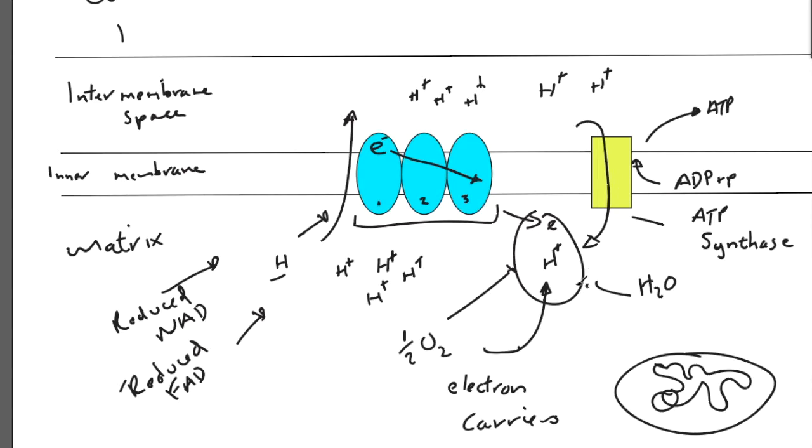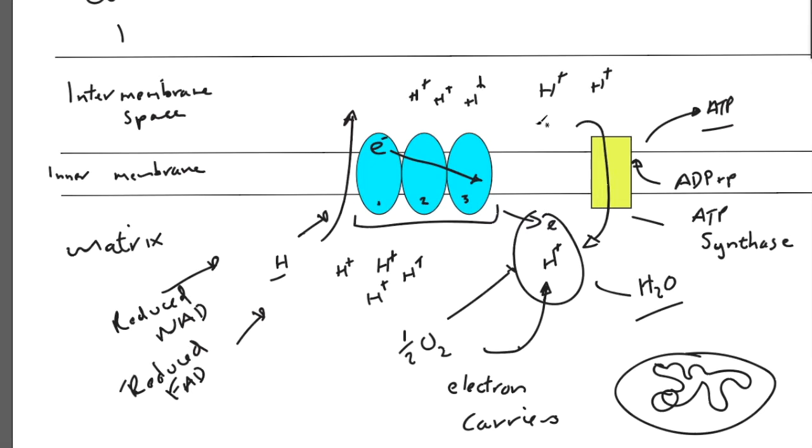They go through the ATP synthase, which joins the inorganic phosphate to the ADP, which makes all your ATP. And then the electron joins to half an oxygen molecule and to the proton that's come through, and you end up with your water, and that's that.